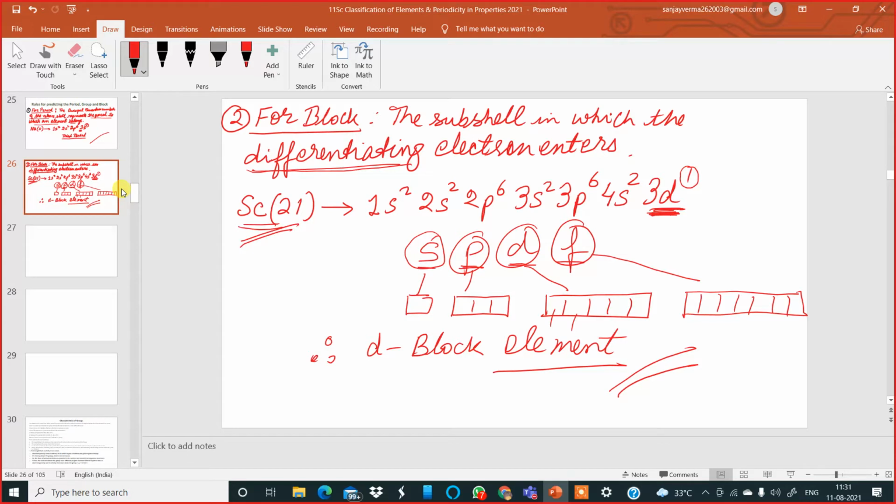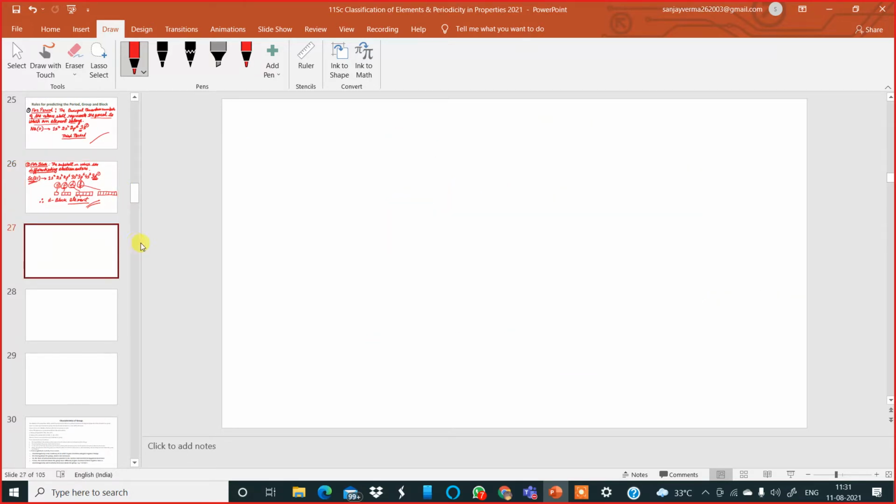Now the most important thing, number 3, is to get the group. To know the groups, there are three things to keep in mind.